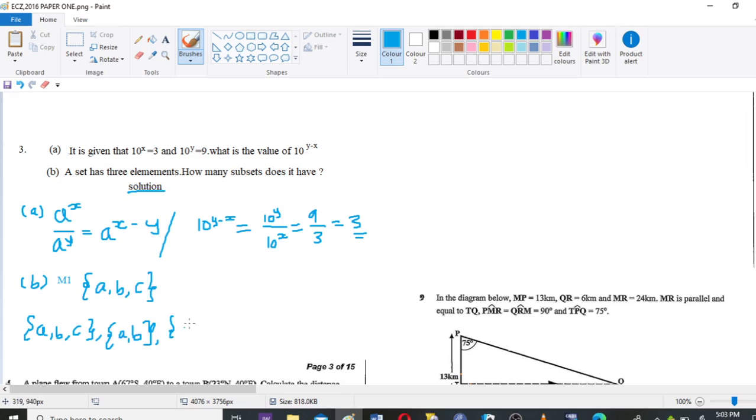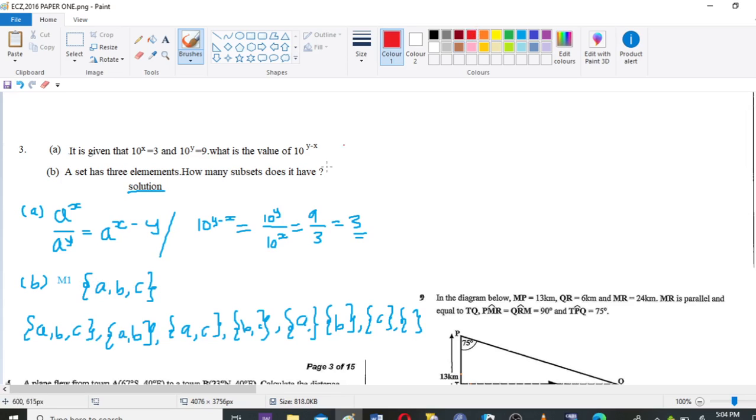We can have a set containing A and C. Apart from that, we can have a set containing B and C. Next, we can have a set containing just A. We can also have a set containing B, and a set containing C. And we can have the last set, which is an empty set.